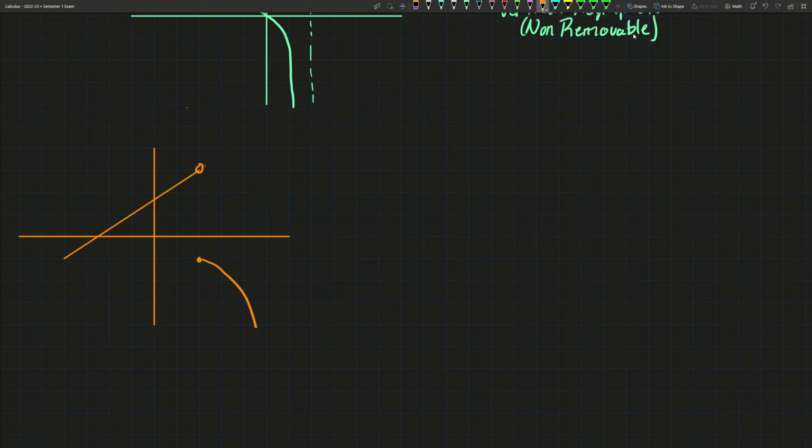If we were drawing this graph, we'd have to literally pick up our pen in order to draw it. In this case, this is a jump discontinuity at x equals 2. This is non-removable.